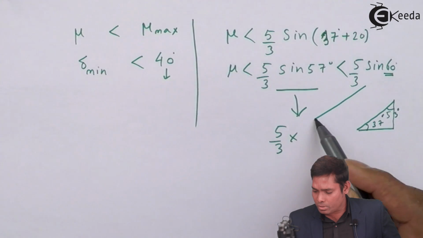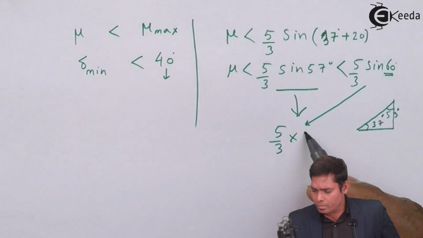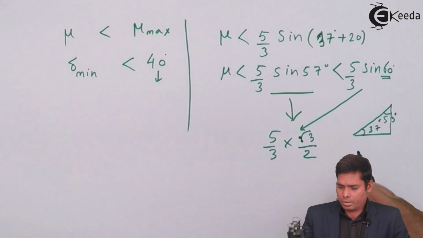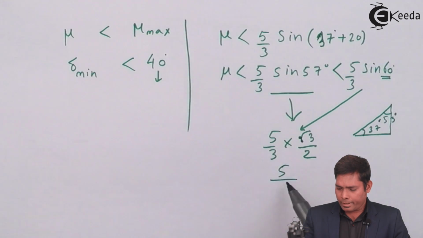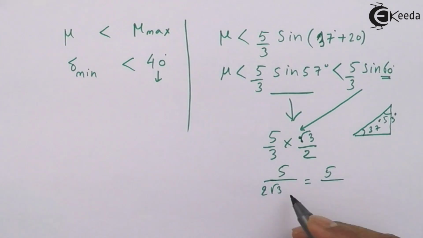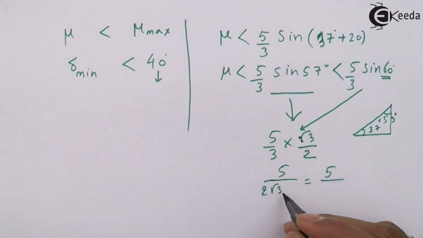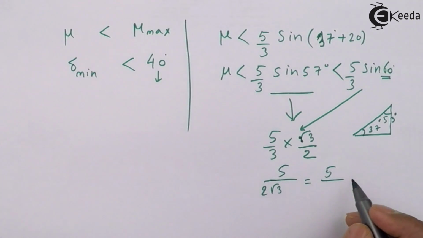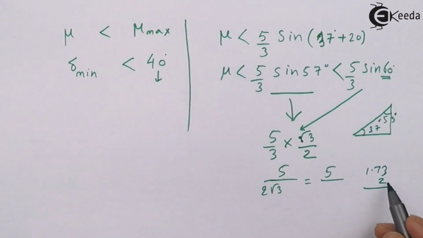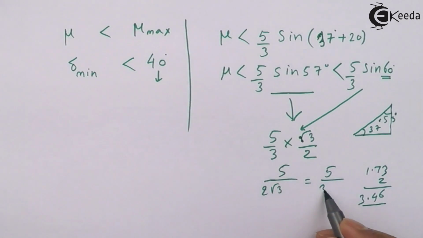If I compare with sine 60, sine 60 is root 3 by 2. Now if I substitute that value, this will be 5 divided by 3 into root 3 by 2. This is 5 divided by 1.73 times 6 over 2, so 3.46.